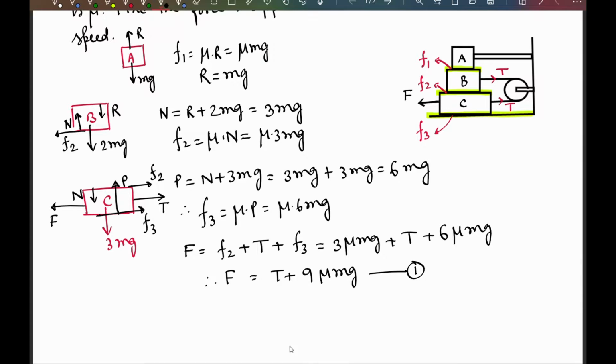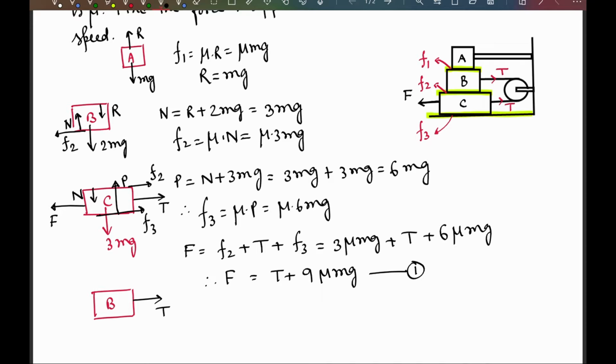If we consider block B, this is block B. Now block B is moved towards right. Whenever block C is moved towards left, block B is moved towards right. Therefore, the tension applied by the pulley through the string on block B is towards right.